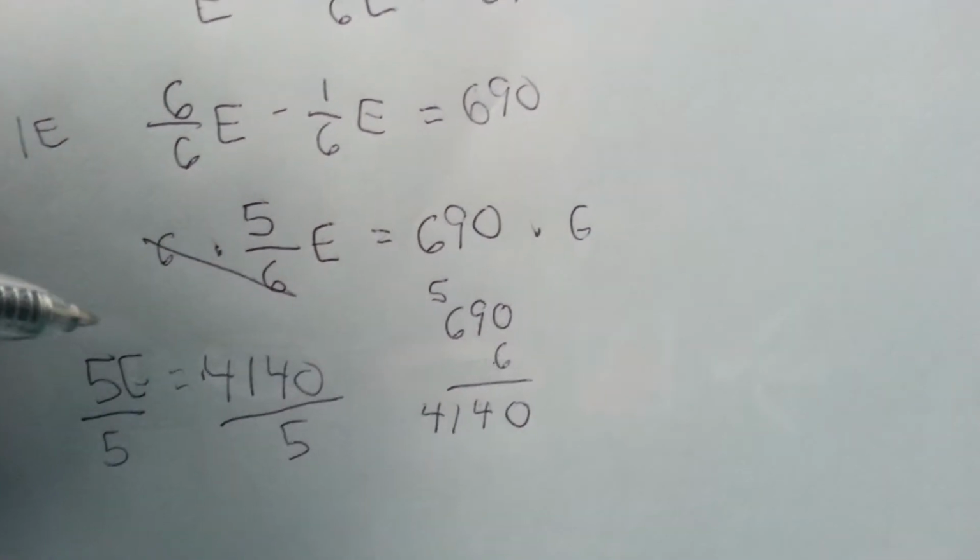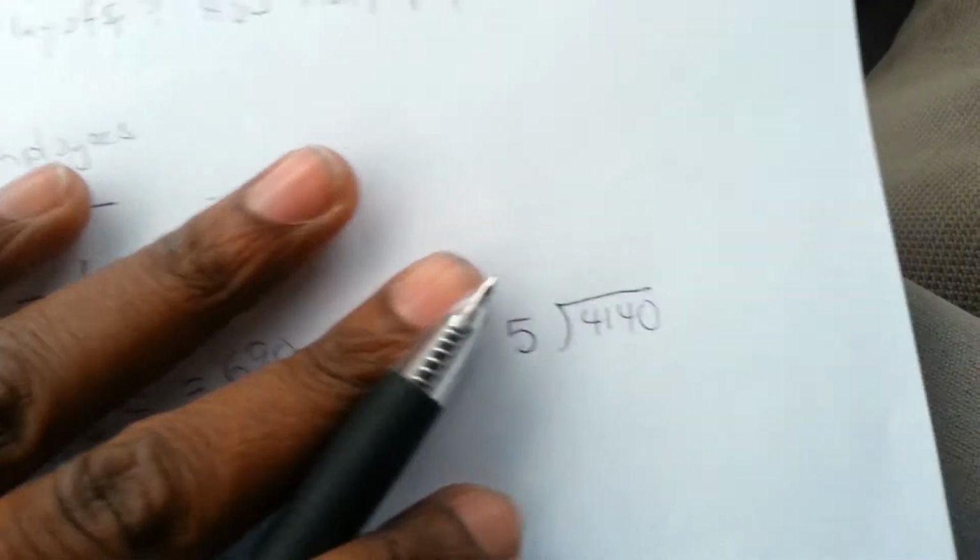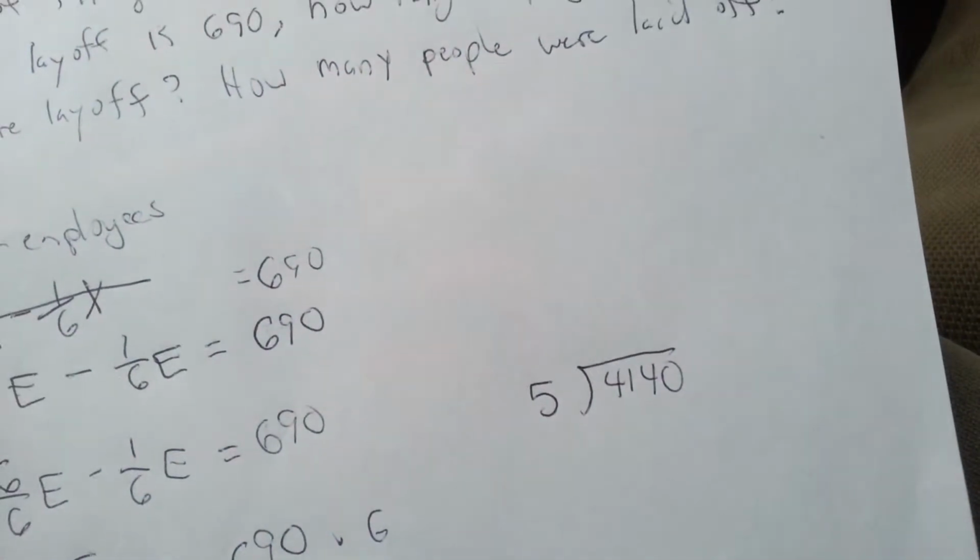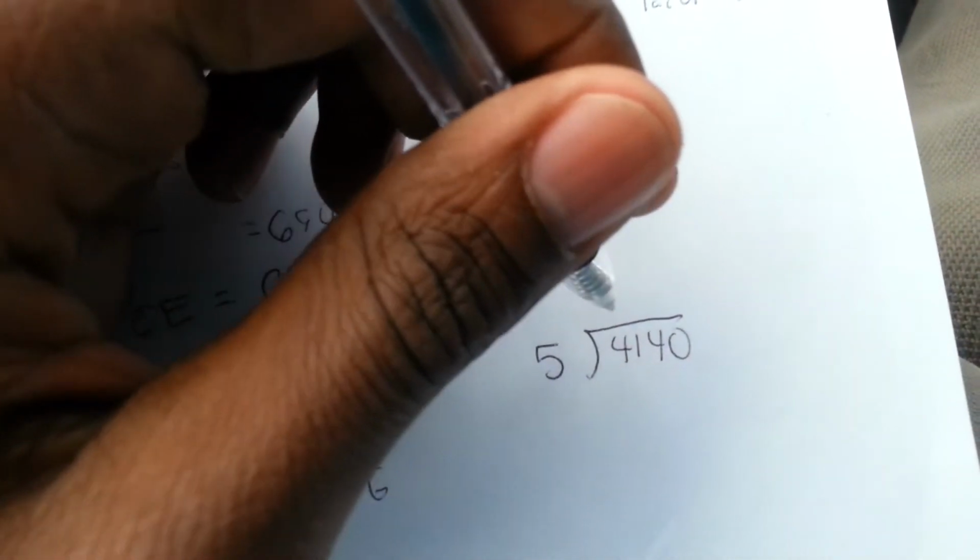I'm going to do it over here because I have a little more room. We have 4140 divided by 5. 5 goes into 41 8 times. 5 times 8 is 40.